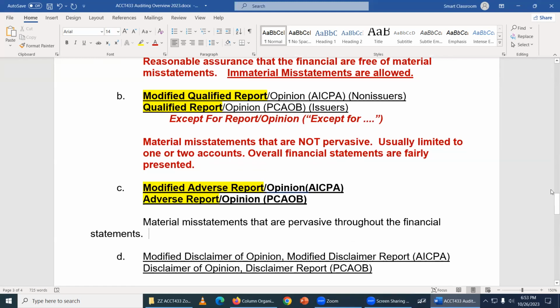The financial statements are misleading and not fairly presented.